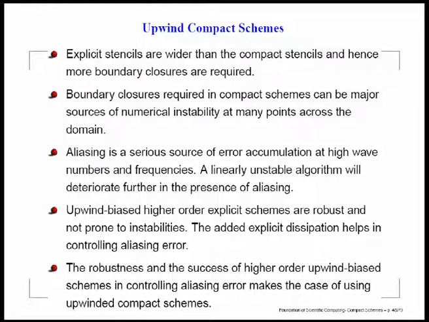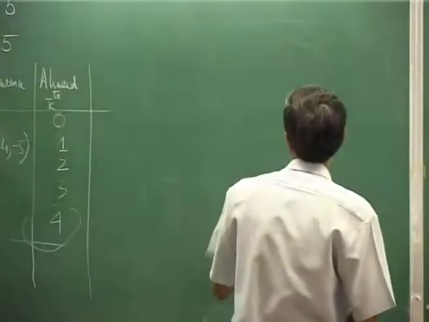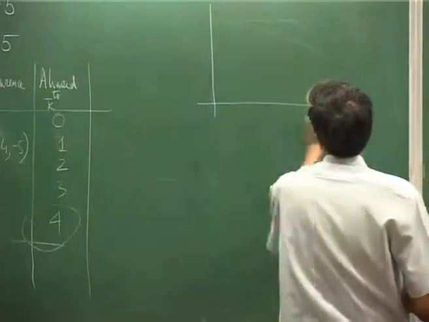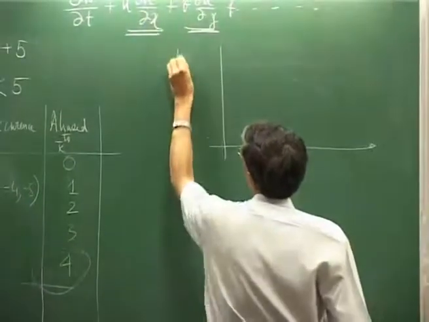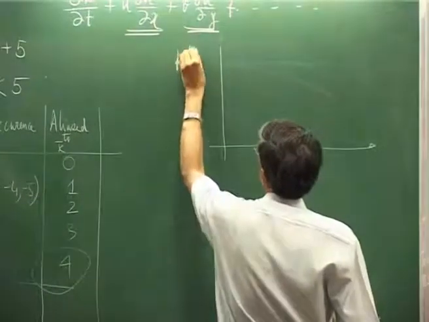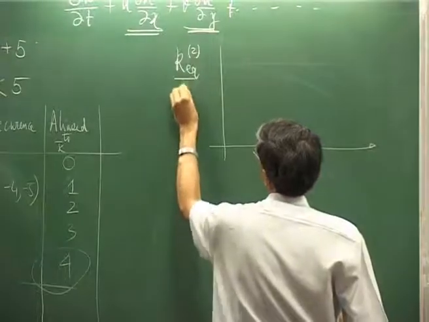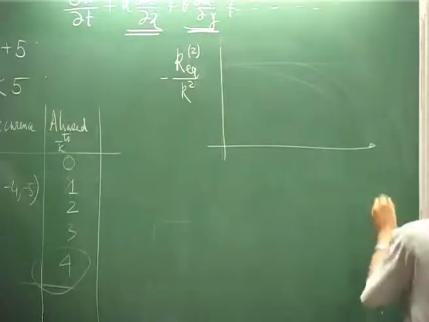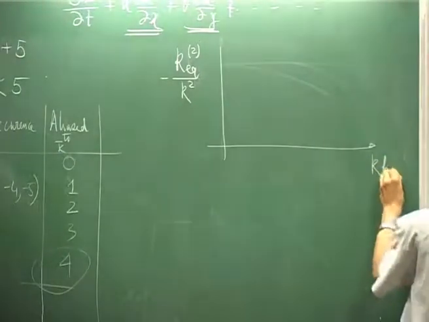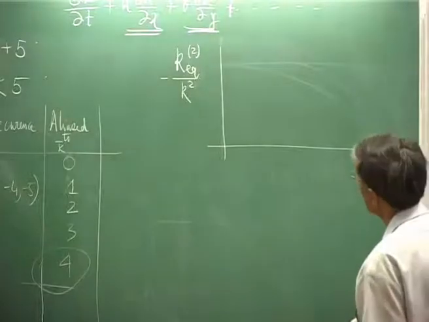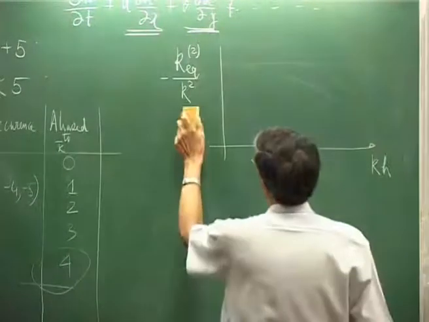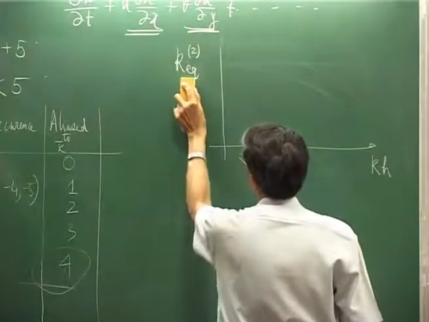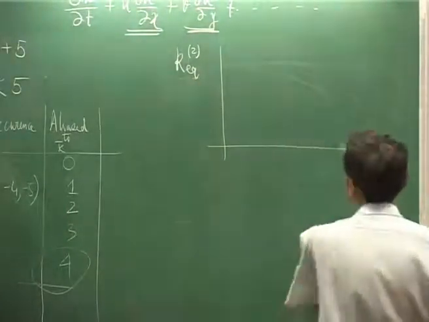We have done this exercise. If you just recall that if we discretize, let's say, the second derivative term, well, let me just simply show the dissipation term itself versus kh.